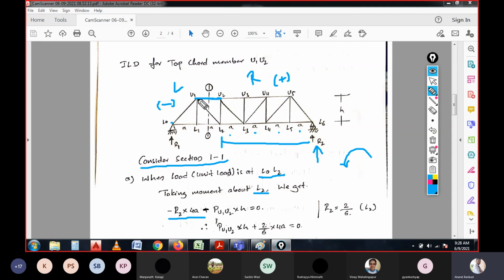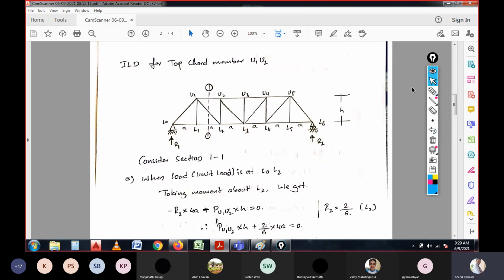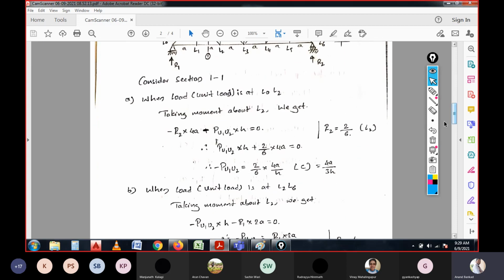In this member, which is considered on the left side of the section, we are considering the negative sign multiplying with the height. So we are considering the moment at this point. Force into distance, where the distance is h, the force is E1 U2 with the distance h, but at the section where you are considering the left hand side, that will be considered negative, right?